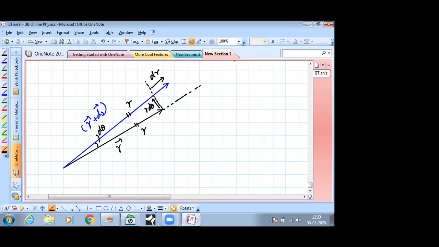So therefore, you can see my displacement vector is the change in length along r cap plus the rotational effect. So it has a small tangential displacement, like a circular displacement of r d theta.